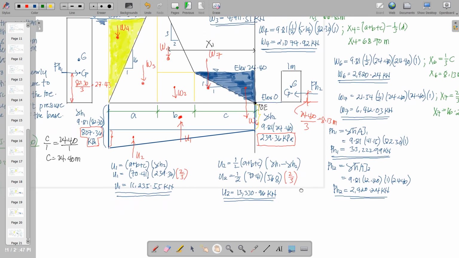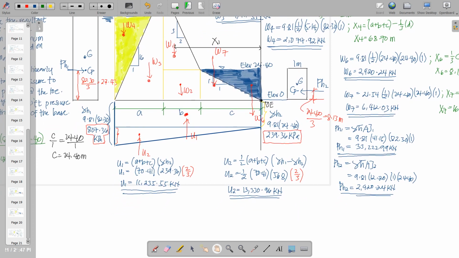So the distances of this U1 are still yet to be determined. So, for U1, XU1 up to the toe is actually half of the sum of our base.